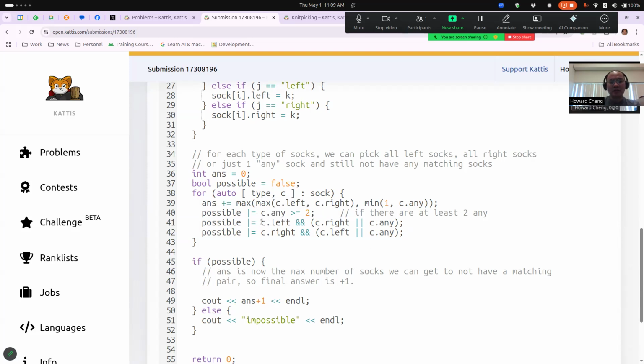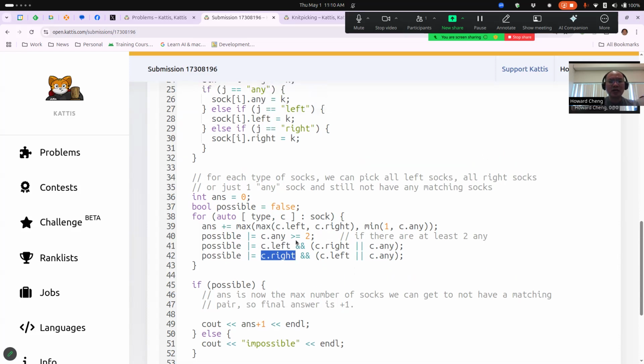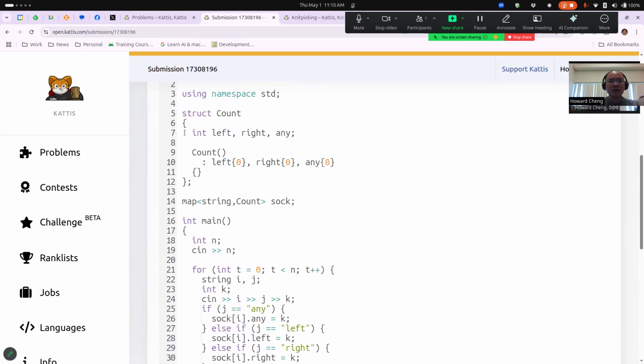The second thing is that notice I'm not using any if statements at all, because all of these are Boolean values. They have their own true or false. I don't need to write if this is true, then do something. This is itself a Boolean value. And the third thing here is that I use things like c.left and c.right. They are actually an integer count, how many left and right socks I have.